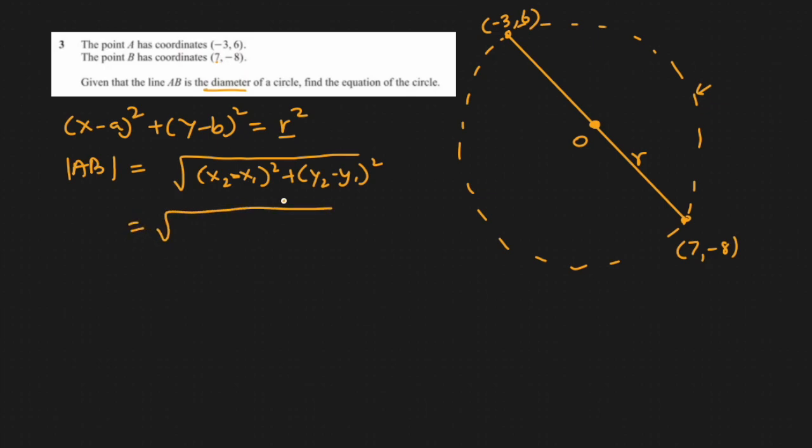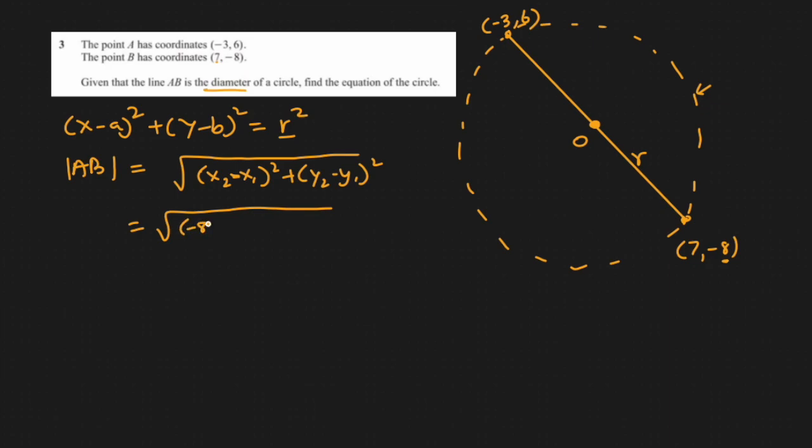So first let's find the diameter AB. What will be its magnitude? The distance formula is square root of (x2 minus x1) square plus (y2 minus y1) square. So in this case, x2, let's say this is x2, minus 8.